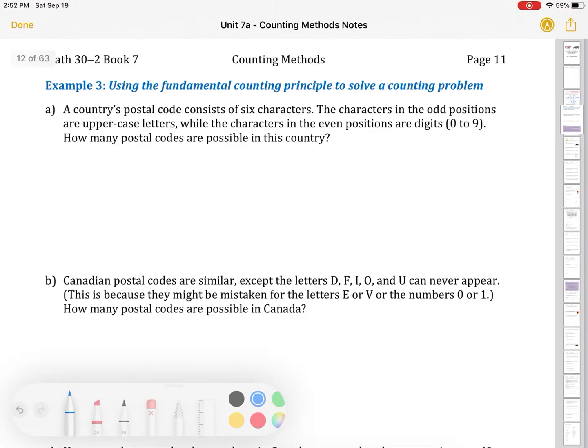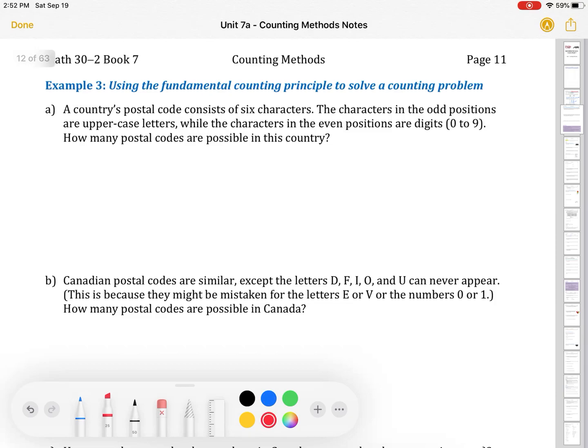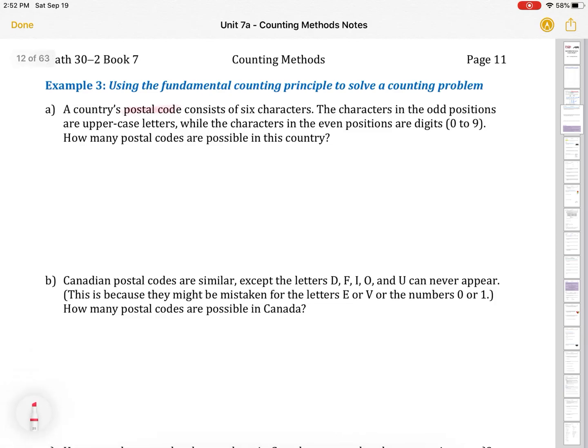Okay. Example number 3. Using the fundamental counting principle to solve a counting problem. So, a country's postal code, we all write letters, right? Consists of 6 characters. The characters in the odd positions are uppercase letters, and the characters in the even positions are digits.